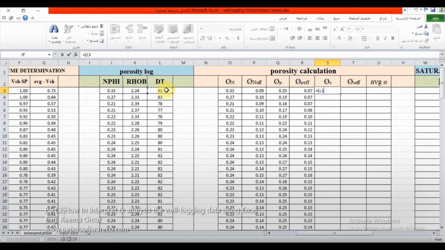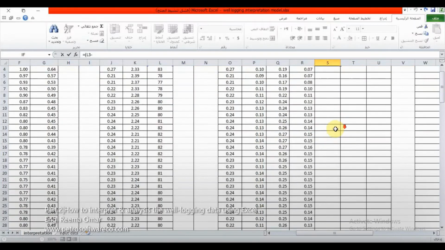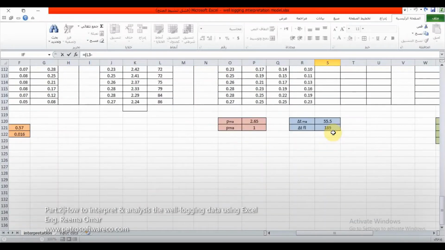Delta T log minus delta T matrix, divided by delta T fluid minus delta T matrix.